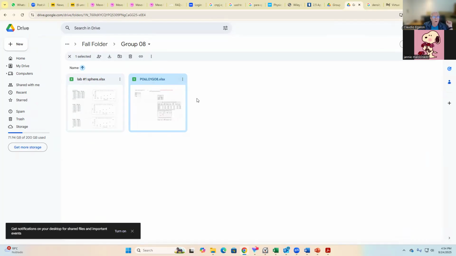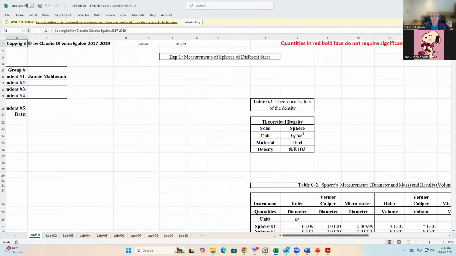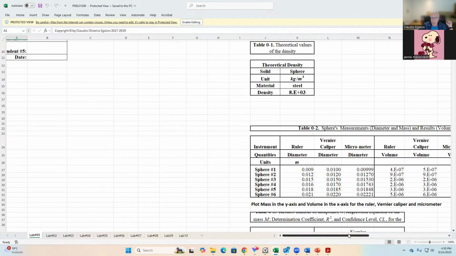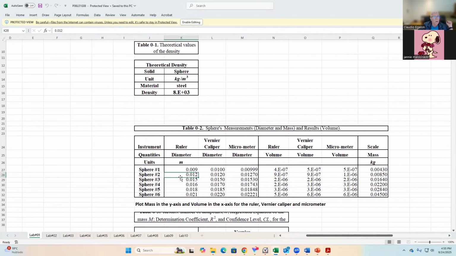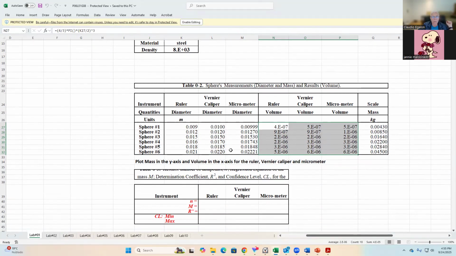I just added the information you wanted us to add. Okay, so here you go. 1, 2, 3, 1, 2, 3, 4, 1, 2, 3, 4, 5. Now you have to work on the other ones. Here, let's work on this one.